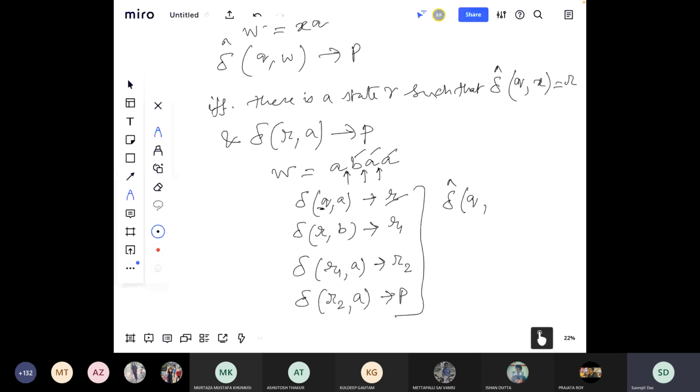And all these symbols make up a string W. Only then you say that del hat of QW is P.